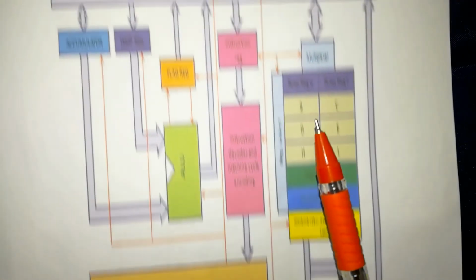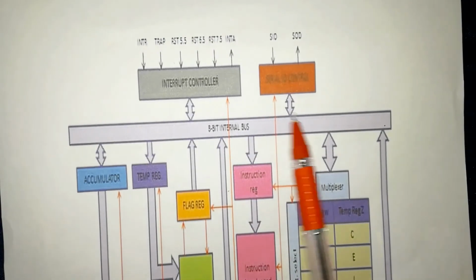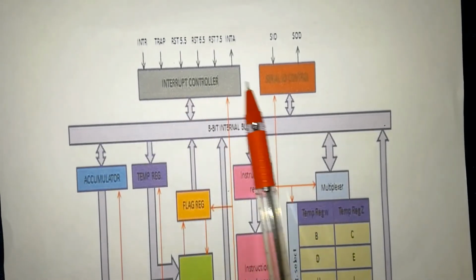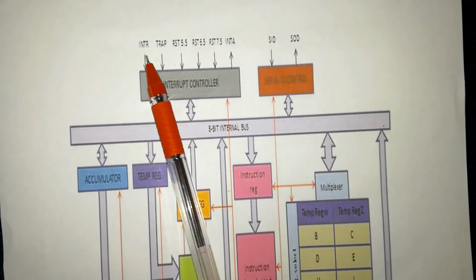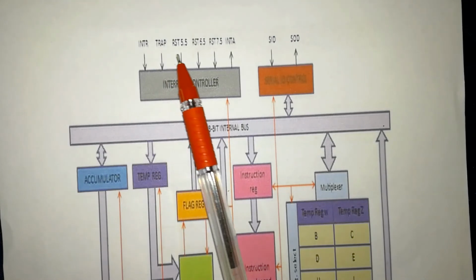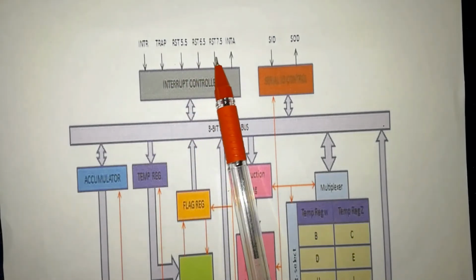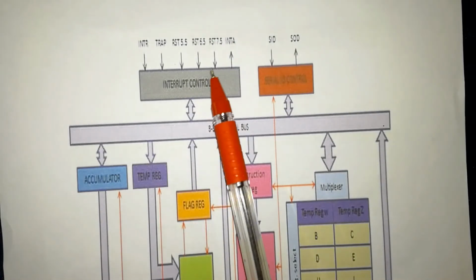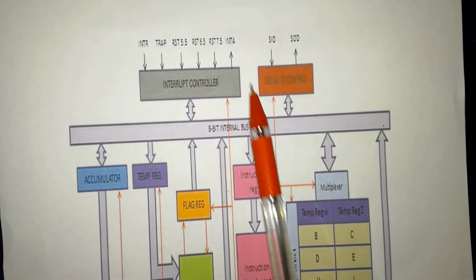Here in the upper side of data bus, 8-bit internal data bus, you can see interrupt control signals. Interrupt controls are INTR, TRAP, RST 6.5, 7.5, and 5.5 and INTA. All these are the interrupts, hardware vectored interrupts.